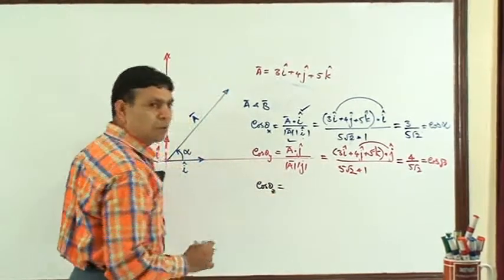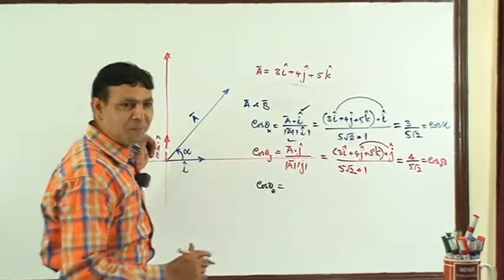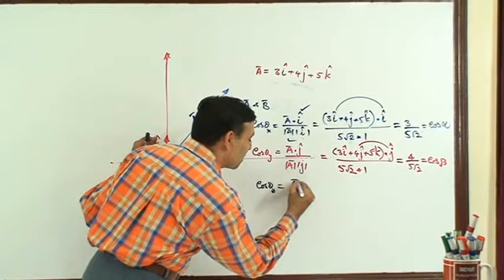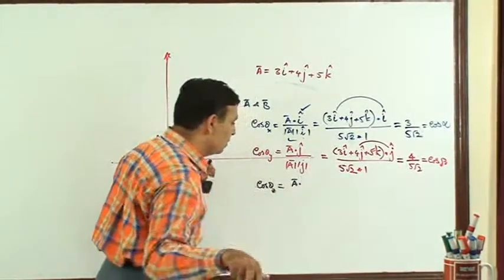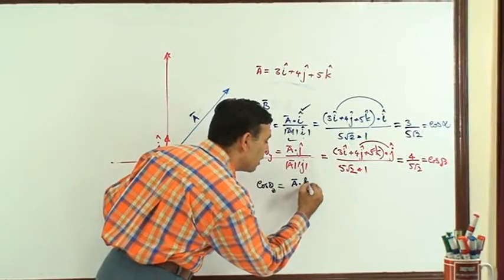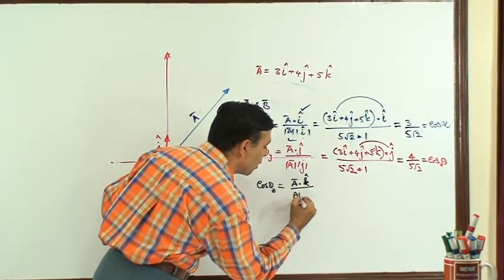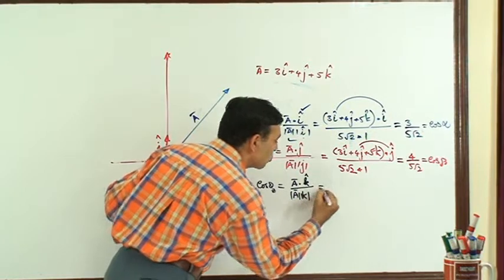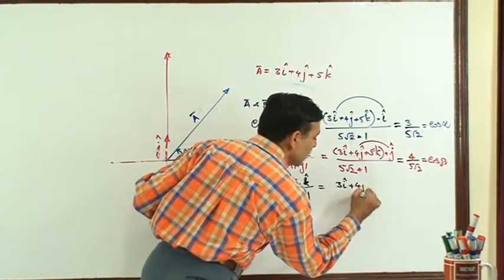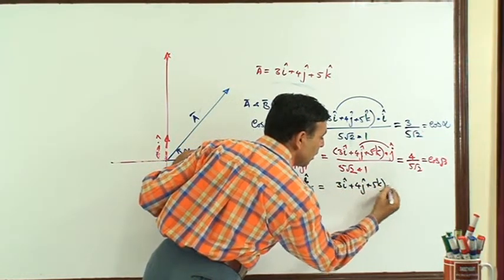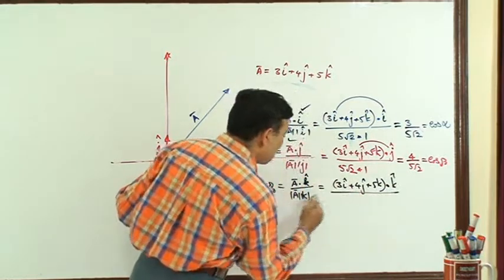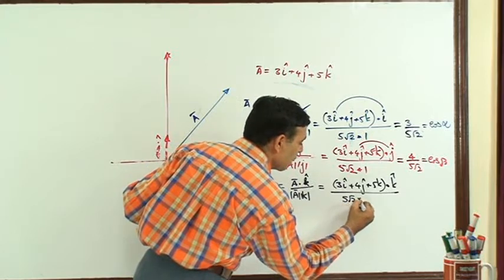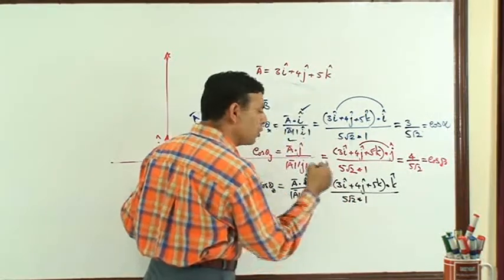Now you know it very well. Do you know any vector towards the positive z-axis? Obviously k. So you need to compute the angle between A and k. So A dot k by mod A mod k, which is 3i plus 4j plus 5k dotted with k, by mod A mod k. Mod A we already know is 5 root 2, mod k is also 1 because k is also a unit vector.